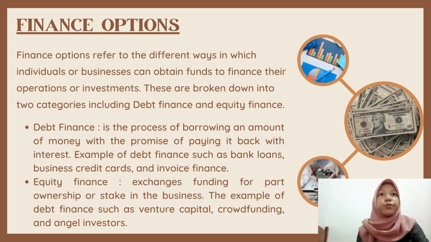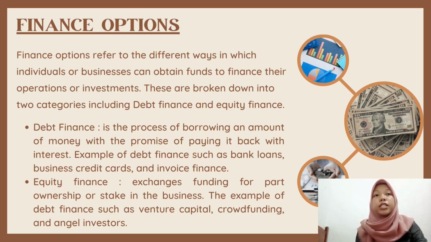Next material is finance options. Finance options refer to the different ways in which individuals or businesses can obtain funds to finance their operations or investment. These are broken down into two categories, including debt finance and equity finance. Debt finance is the process of borrowing an amount of money with the promise of paying it back with interest.